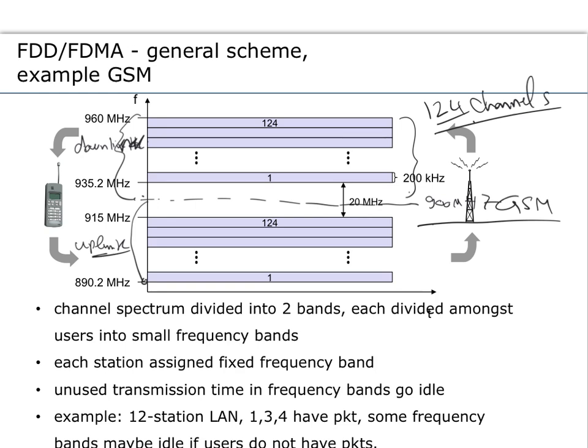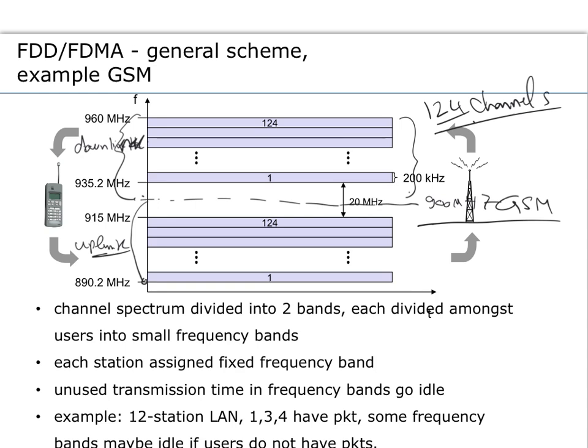We then create the concept of a super frame, which sometimes reaches something like 10 seconds. So for 10 seconds I can do this assignment. After 10 seconds, I can reassign.